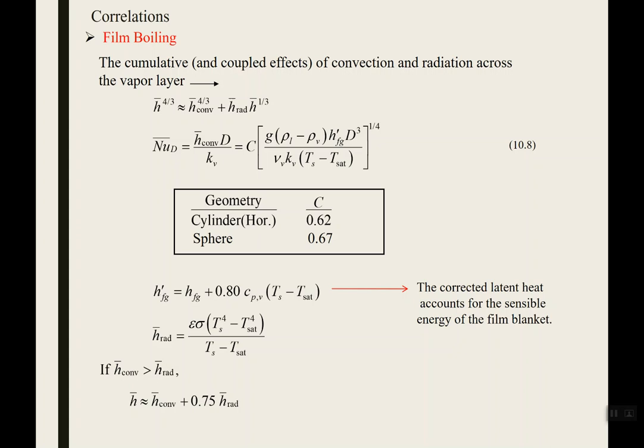If you remember in film boiling, radiation is a big part of that, so we have to factor in radiation in that case. If we wanted to calculate our average h, this rule of thumb is useful.